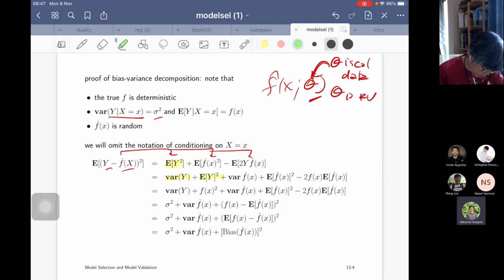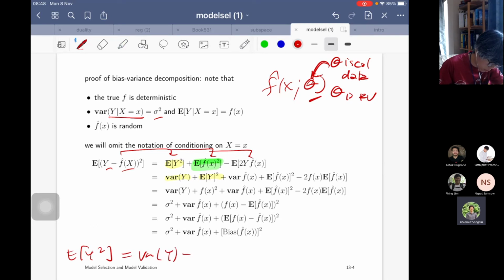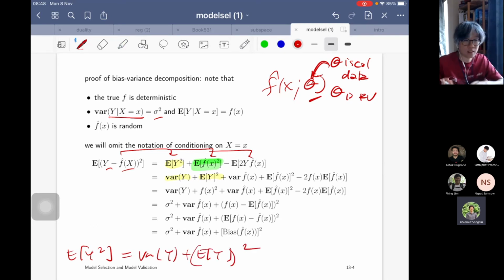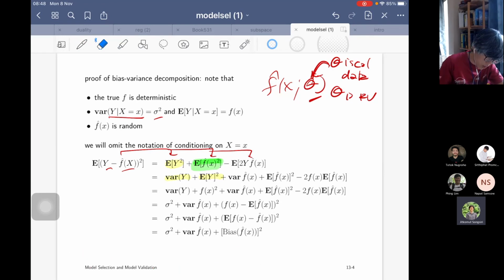This is the second moment of f hat. Everyone knows this: the expectation of y squared is the variance of y plus the square of E of y. That's the basic relation between the second moment and the variance. So the green term, the second moment of f hat, is going to be its variance plus its mean square.